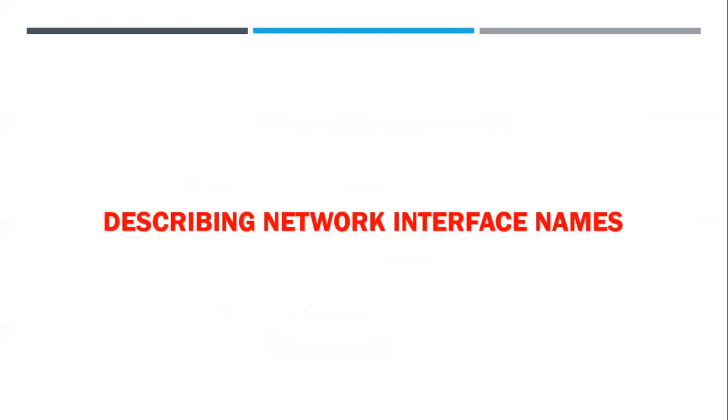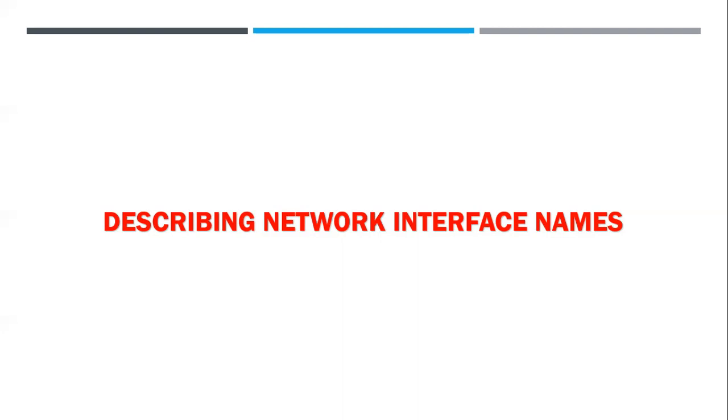Now, describing network interface names. When it comes to describing network interface names, remember we are talking from the Ethernet point of view. That is the LAN, the local area network, because here we are dealing with what?